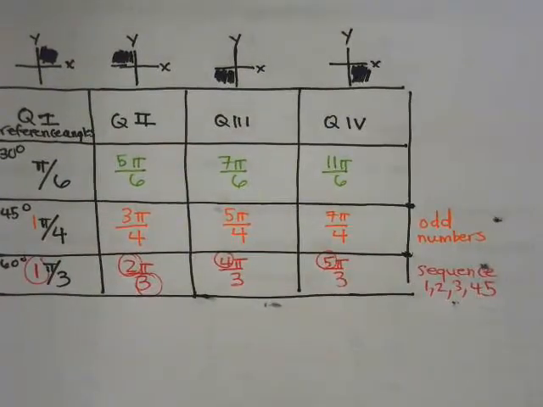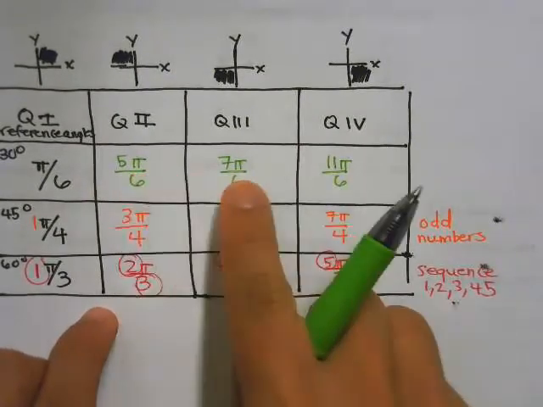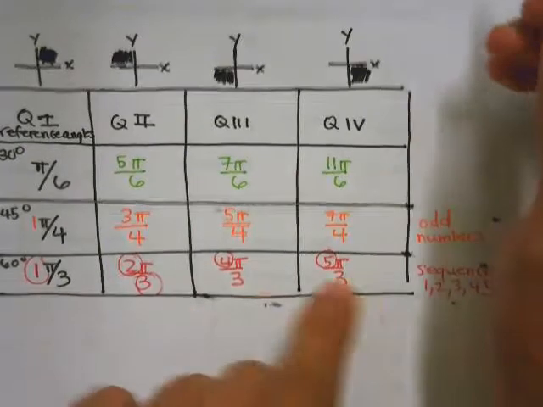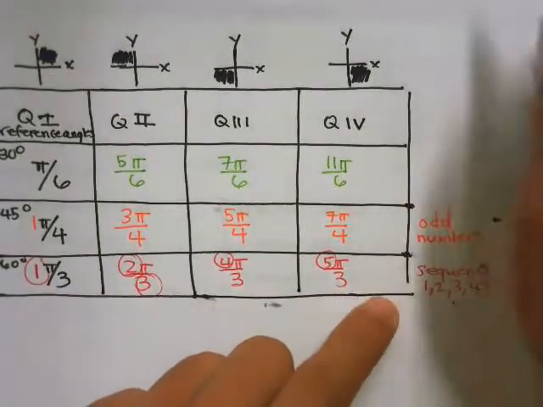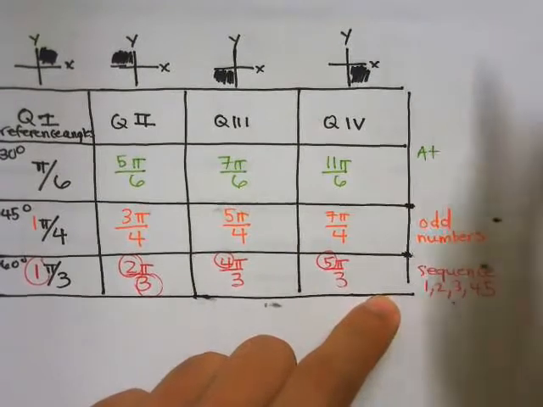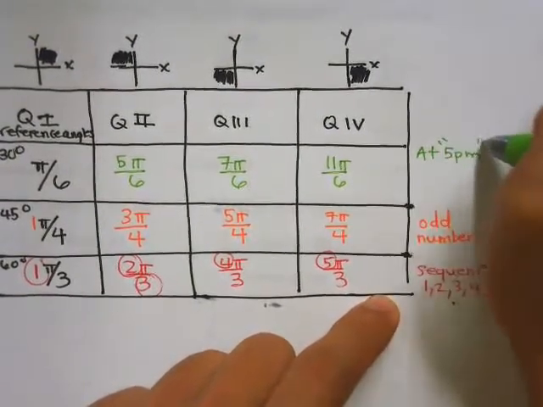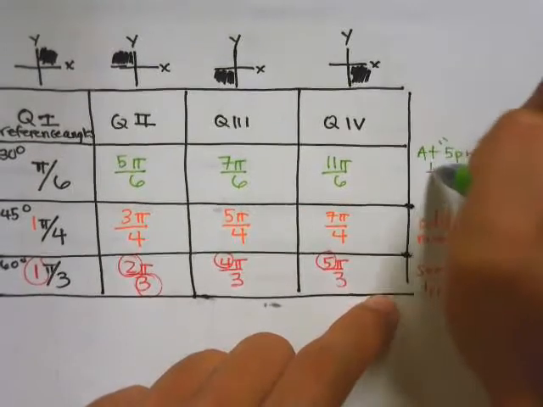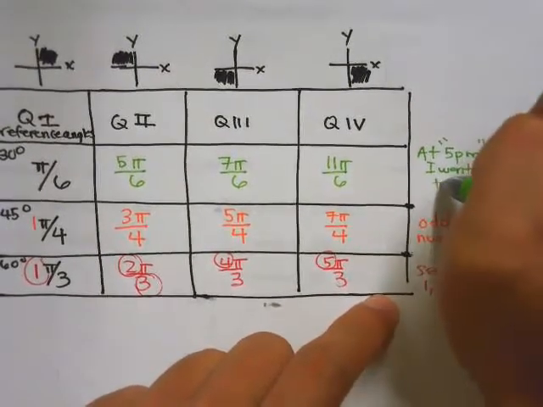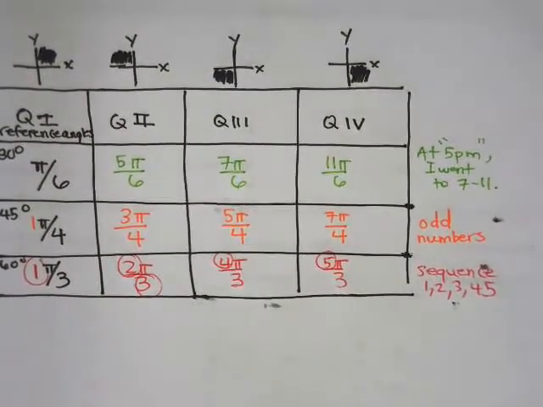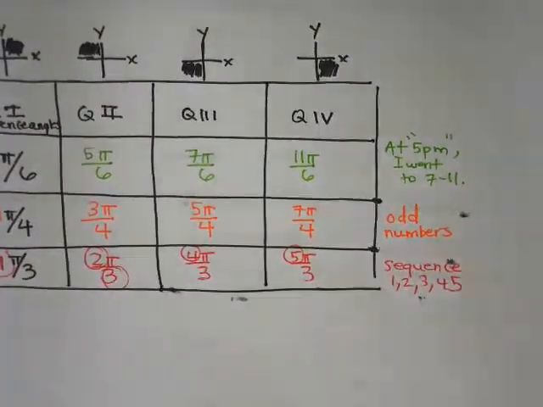Here is one way you could do this, and I'm only focusing on quadrants 2, 3, and 4. Okay. So you could say, I made a sentence, okay?